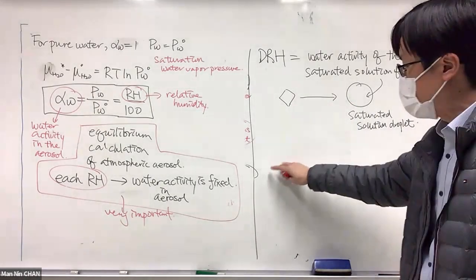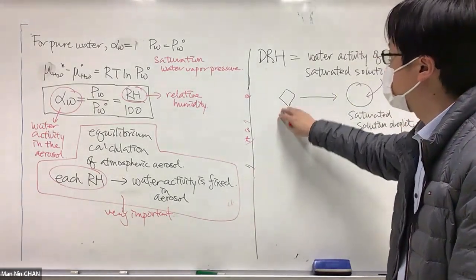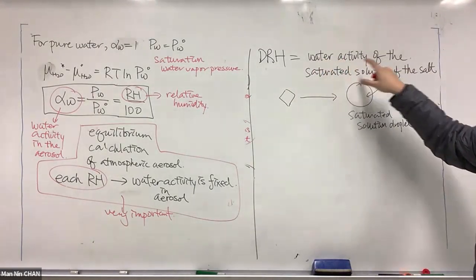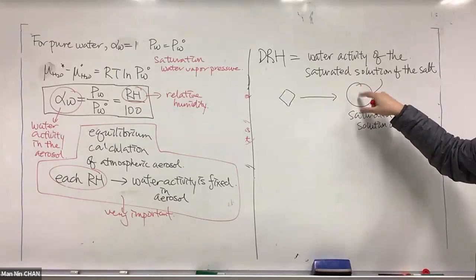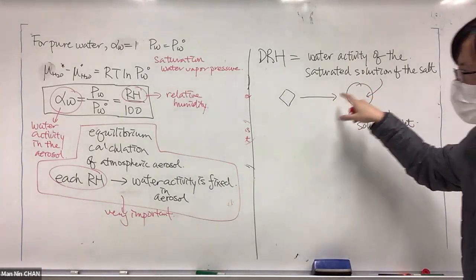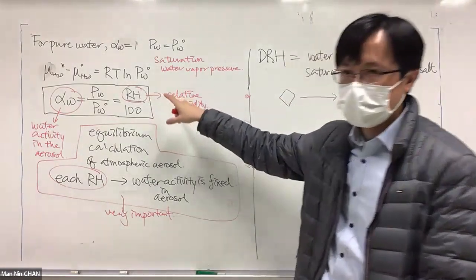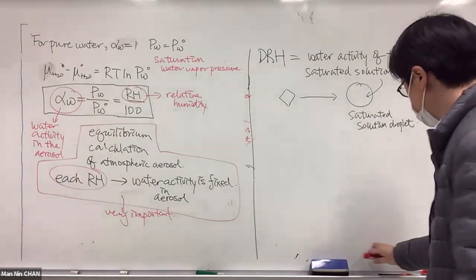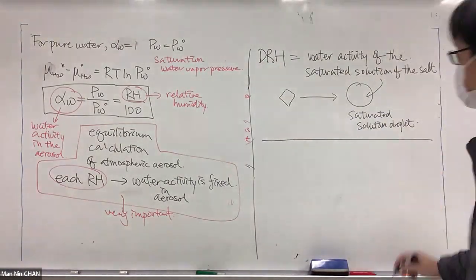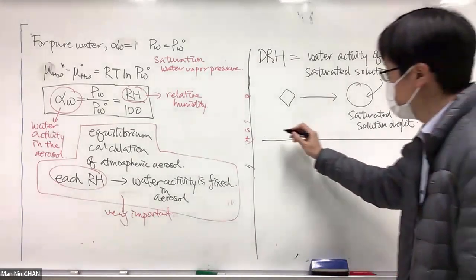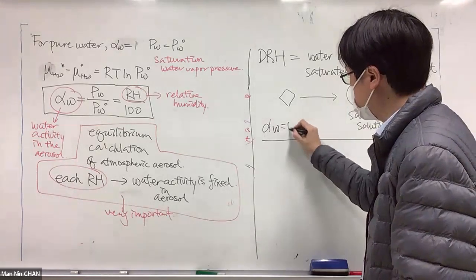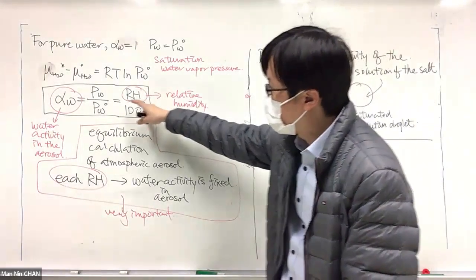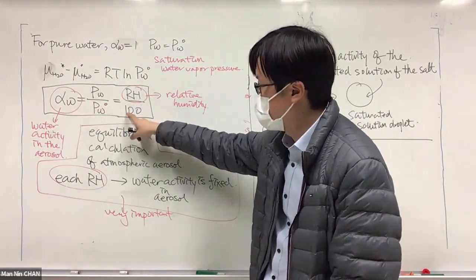So therefore, if you come back to what we just discussed here, if you can calculate the water activity of your saturated solution, then that would be just equal to the ambient RH, that actually would be just equal to your DRH. So if you calculate your water activity, say it's about 0.8, then if you go back to this equation, this is 0.8, and then you times 100.